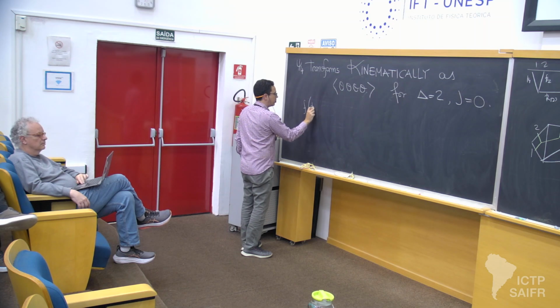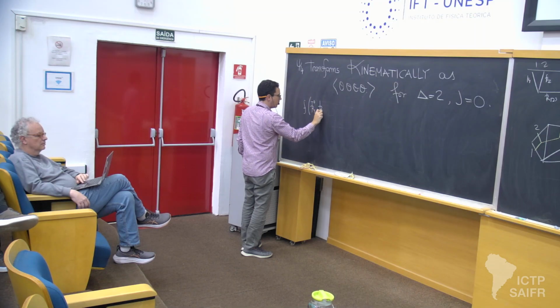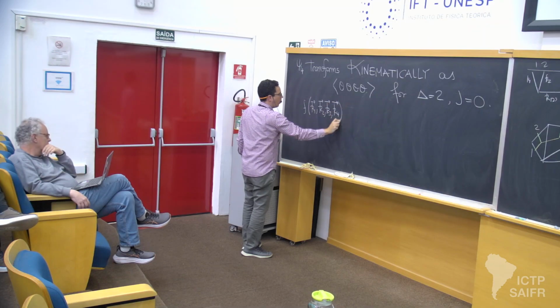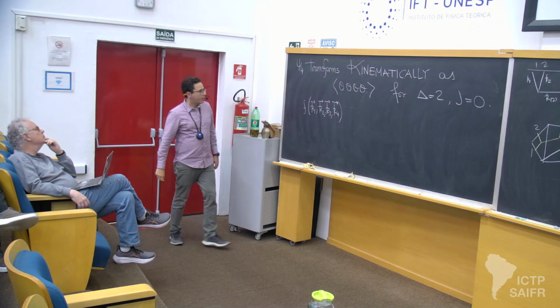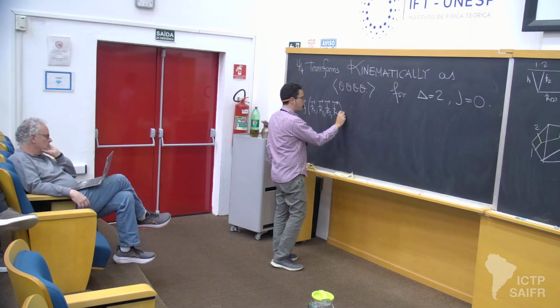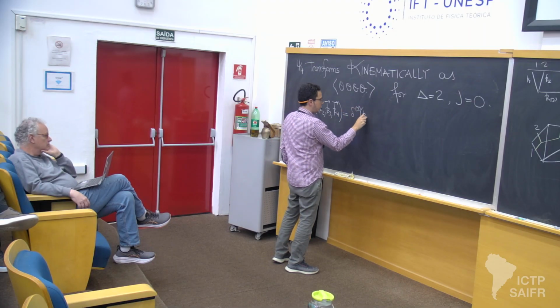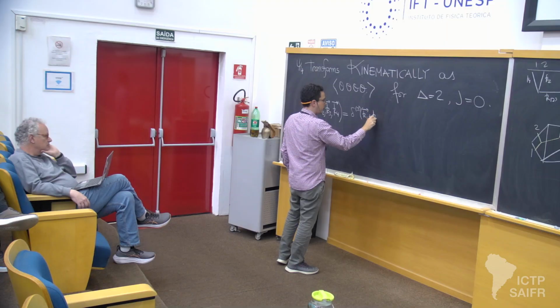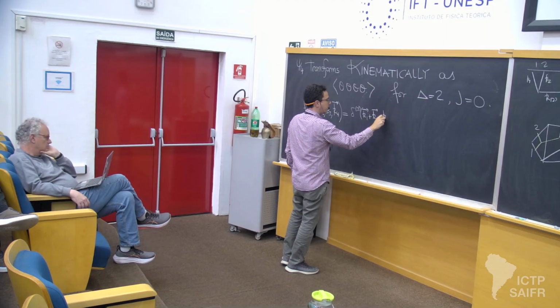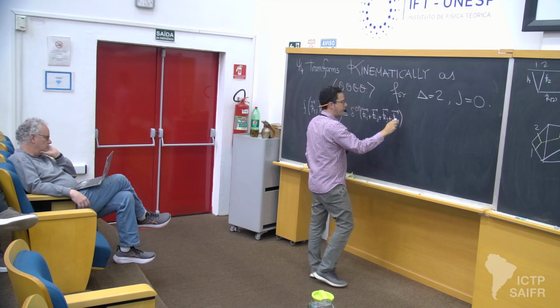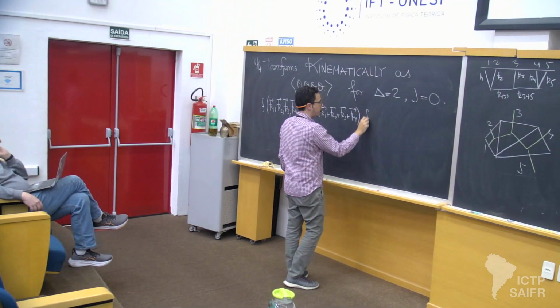So this is a function of 12 pieces of data, right? The 3 momenta of the 4 particles. Now, because of translation invariance, oh, this is easy, we get rid of 3 of these. And because of rotational invariance, you get rid of 3 more.